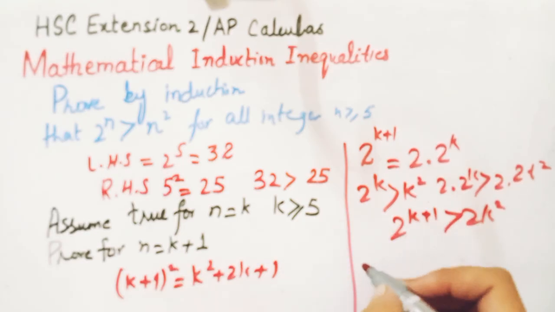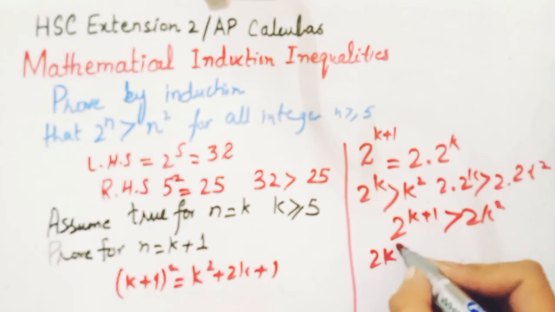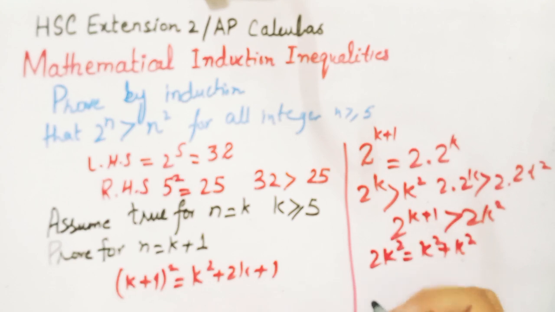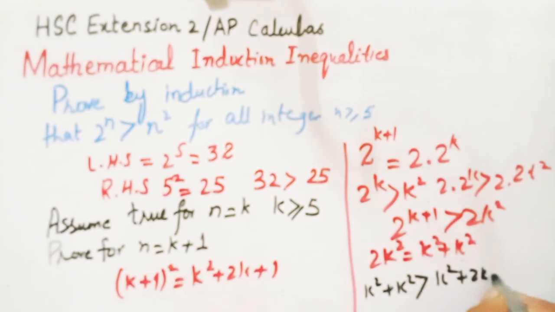So we have k square plus k square. We want to show that k square plus k square is greater than k square plus 2k plus 1. Let's think logically.